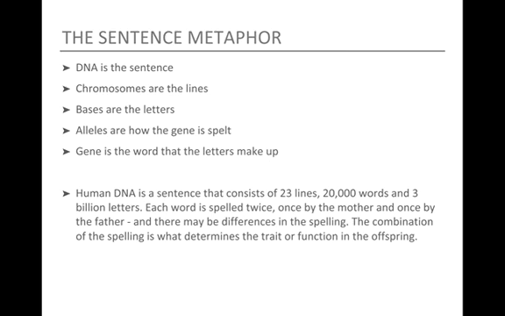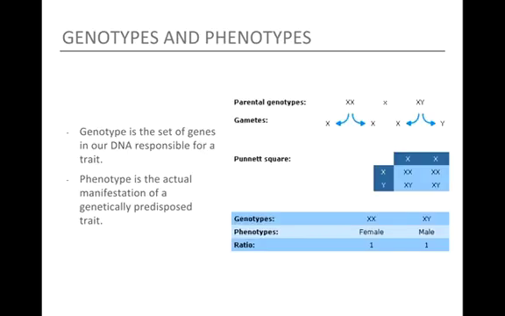We are going to look at one final piece of terminology that is relevant for you to understand genetics, which is genotype and phenotype. Genotype is a set of genes in our DNA responsible for a trait. So XX and XY is the genotype, right?